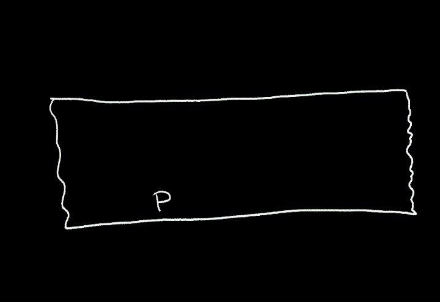Now let's presume that in this p-type material, I want to introduce an impurity. I want to dope this p region and change it to an n region. So I could put impurities into this region.